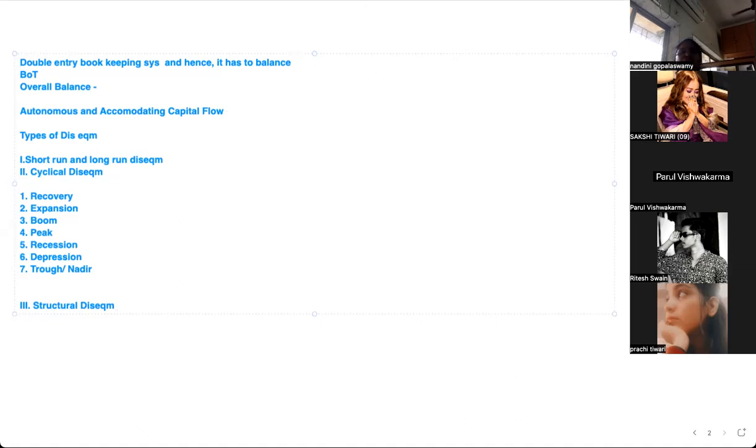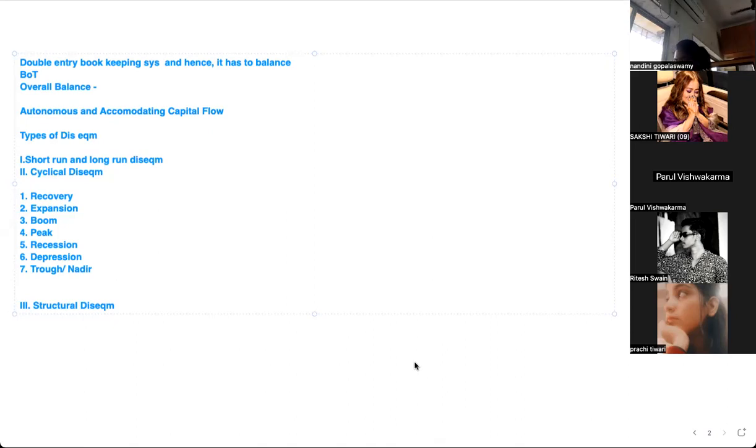So therefore, what do you do here? You are going to change the structure of the economy. Or from an agro-based economy, you are changing to an industry-based economy. समझ में आ रहा है? So we again are changing the structure where we'll have to modernize, for which you will have to rely on equipments or funds from abroad. Any doubts so far? Any doubts?